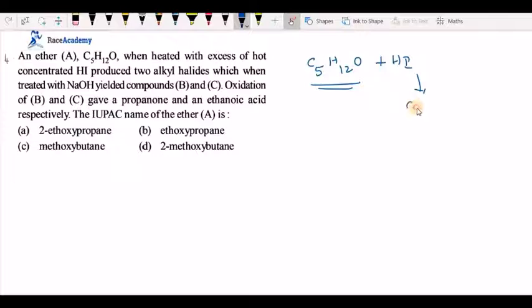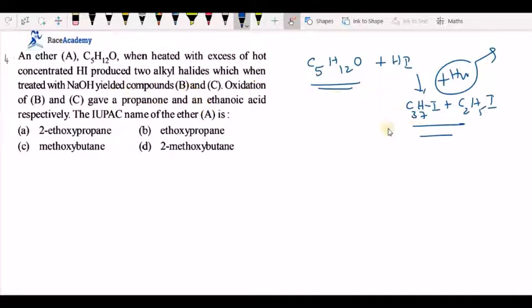That means one is a 3 carbon alkyl halide, it may be C3H7I. Another one we can write is C2H5I also. So you can break it like this. The other product is nothing but water.